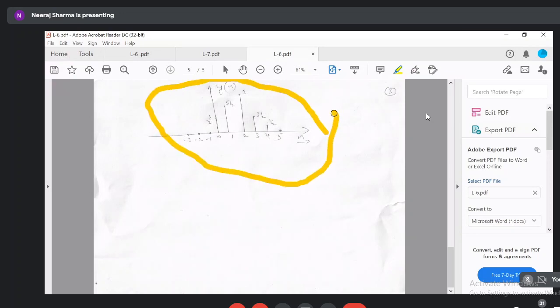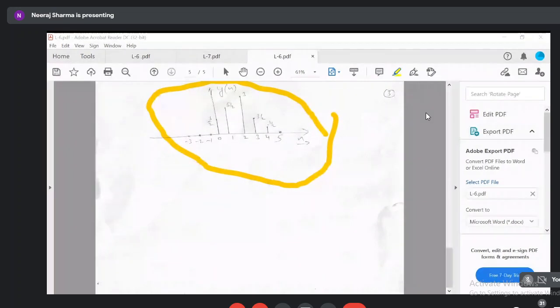So if you have any question, then you can ask. Yes, any question? No, sir. Any doubt? Abhaydeep Singh, Ramneek Kaur, Dhwani. No, sir. Clear, sir. No, sir. Got it.